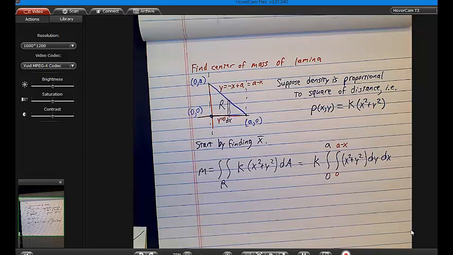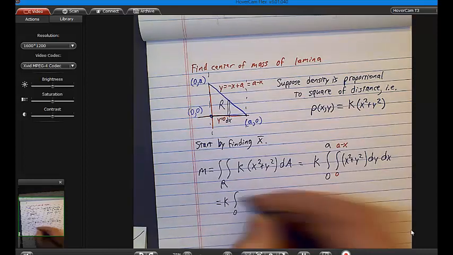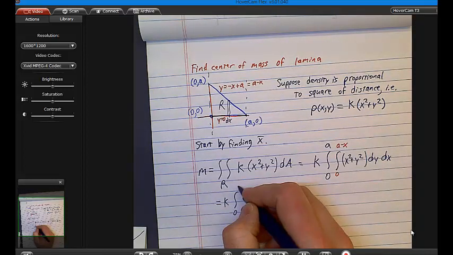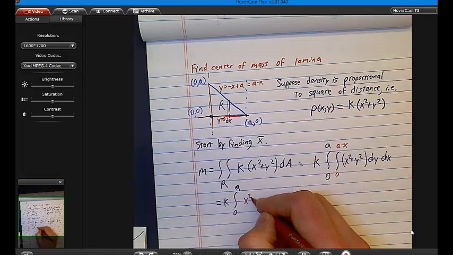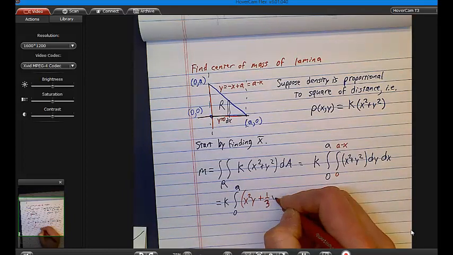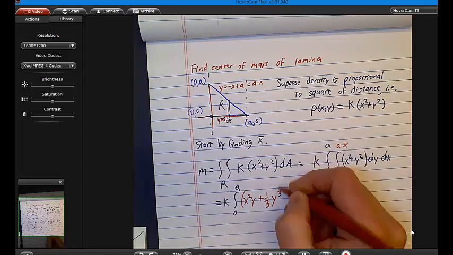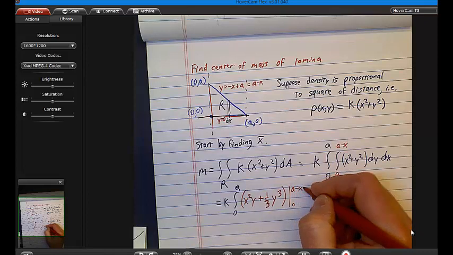Look good? Any questions so far? All right, here we go. K times, I'll do the first integral, I'll leave the second one here. So that first integral, we're integrating dy, so we get x squared y plus 1/3 y cubed. And this is from y equals 0 to y equals a minus x.